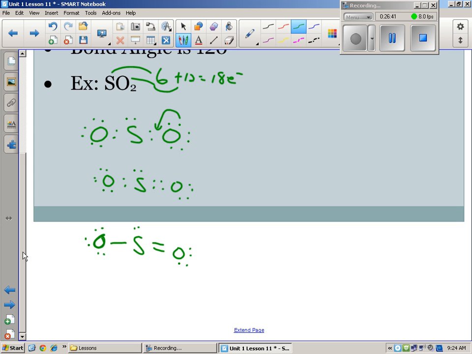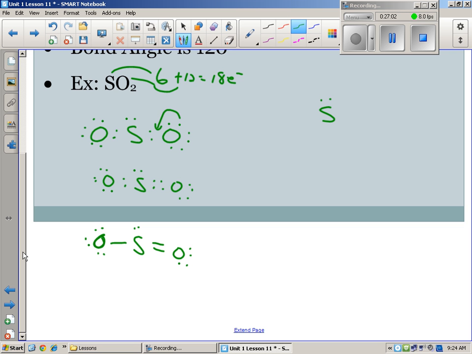Same thing. Is that the best diagram we can have? Is everything as far apart as possible from each other? And the answer is no. So we need to take that into consideration. S has a lone pair at the top, and that's occupying one of the spots.